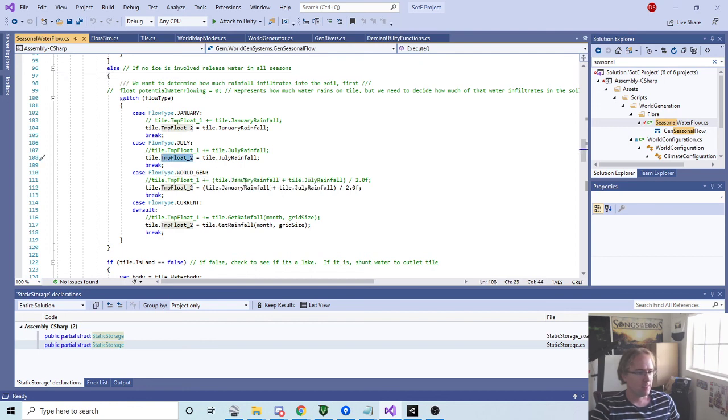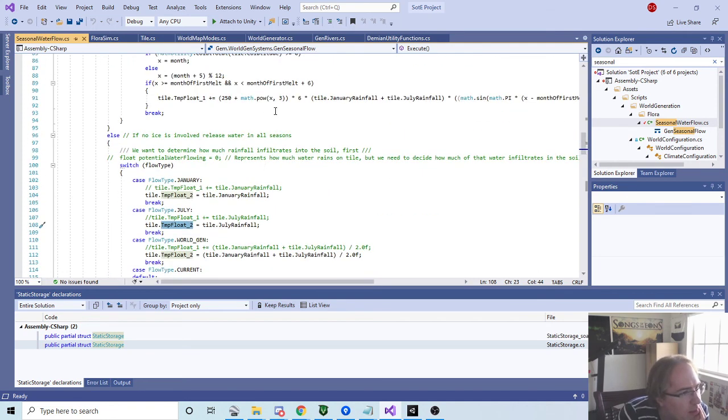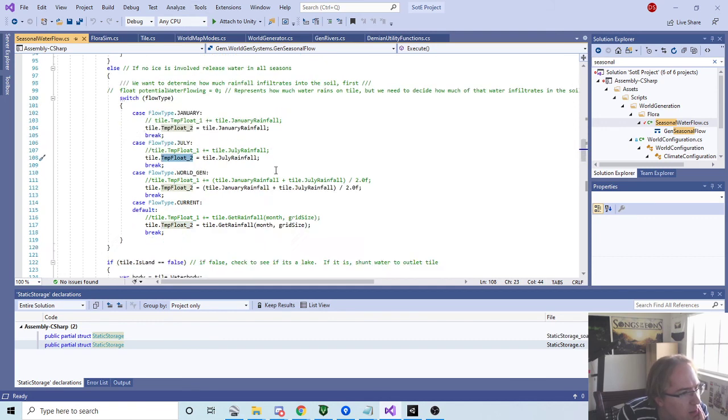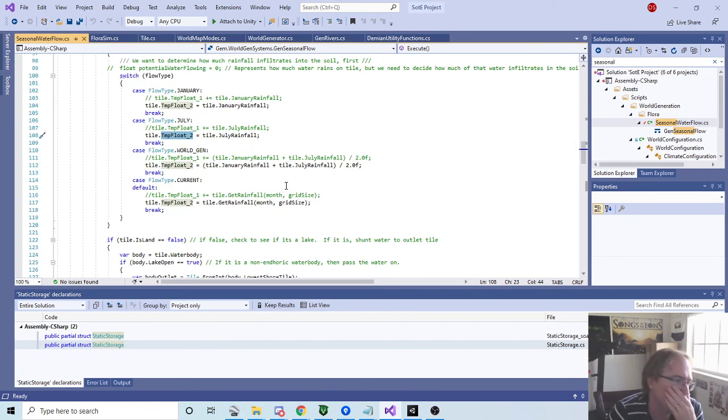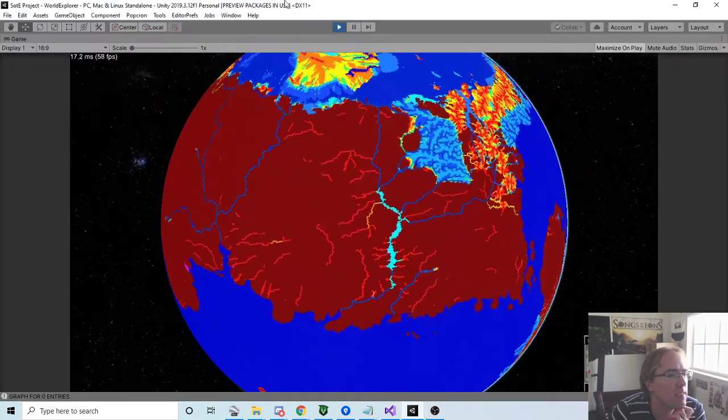So then we went ahead and stuck temp float 2, which determines sort of water that is coming from rainfall. Why? So here's the thing.